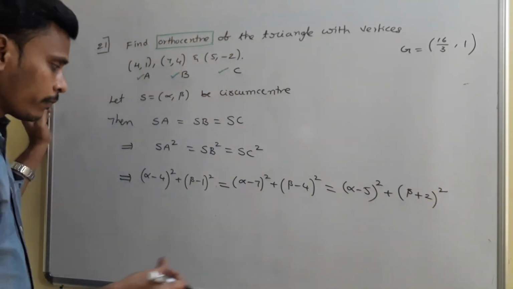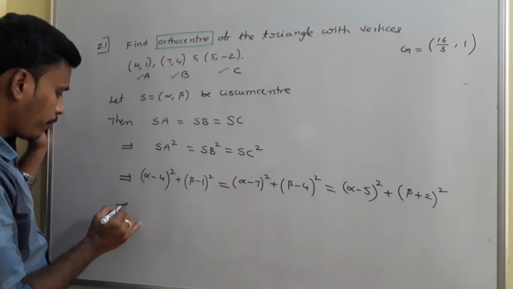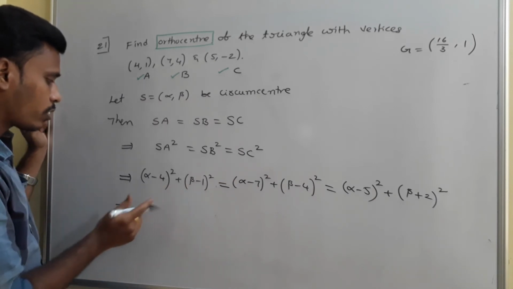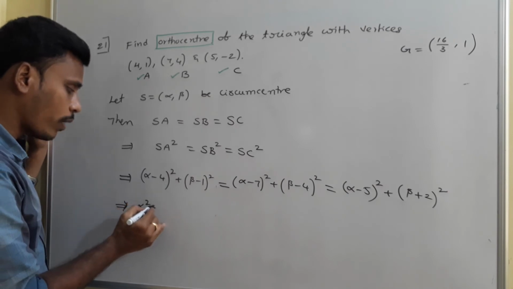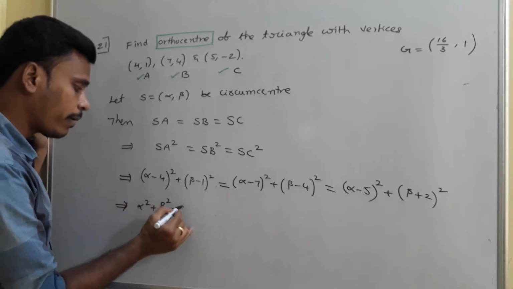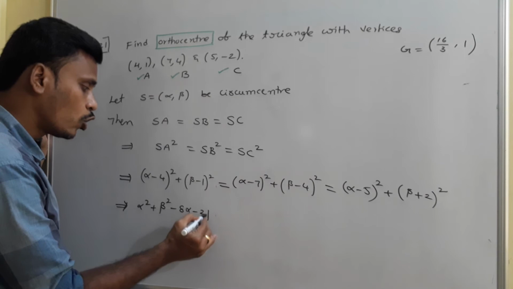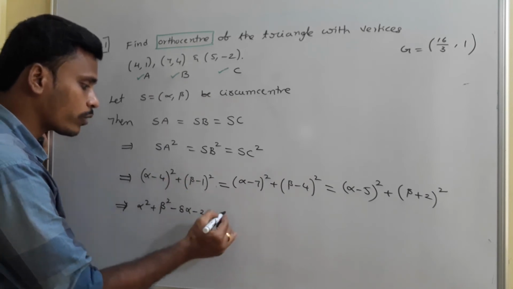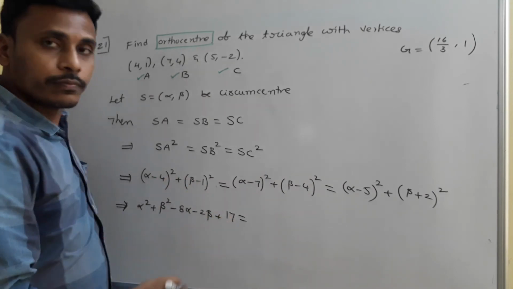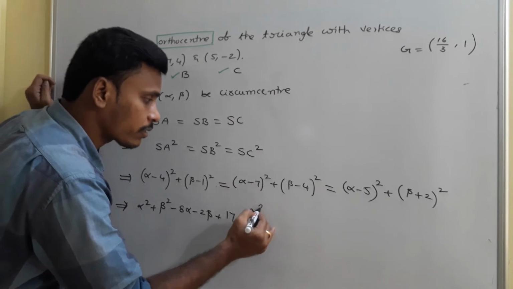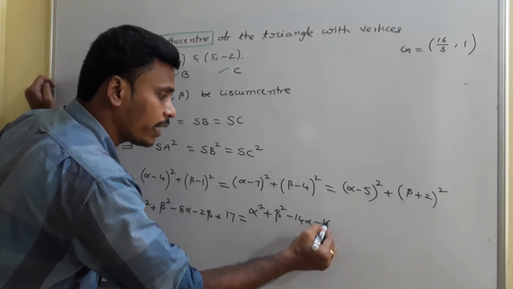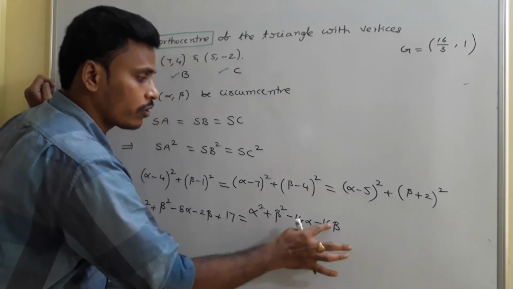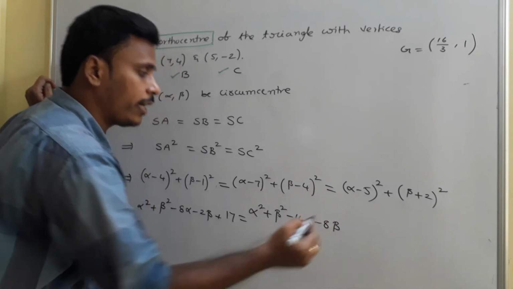Okay. Now try to simplify. Here use the perfect square formula to simplify it. You will get alpha square plus beta square minus 8 alpha minus 2 beta plus 16 plus 1, 17, is equal to alpha square plus beta square minus 14 alpha minus 8 beta, since 2 fours are 8.